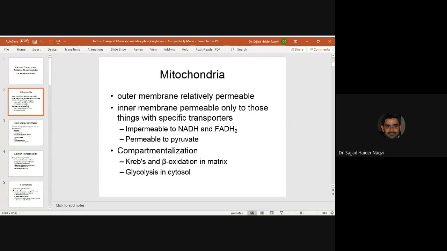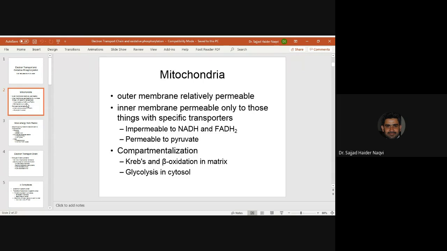This is called the powerhouse of the cell. So the energy that I was talking about, that we produce from the burning of the food, is actually produced within the mitochondria. So mitochondria is the site where the energy production takes place.